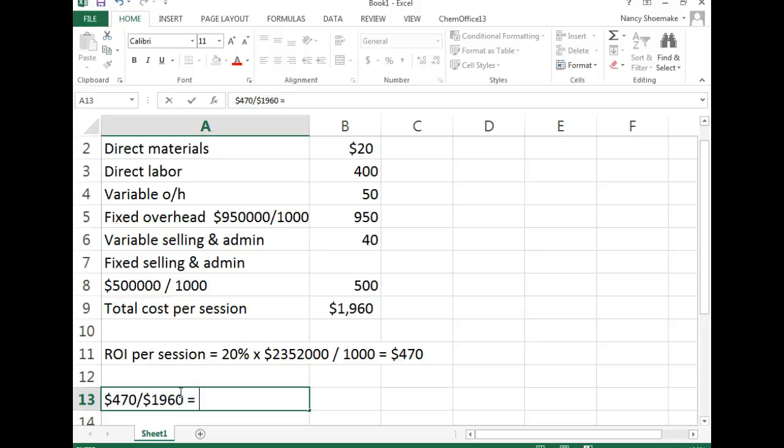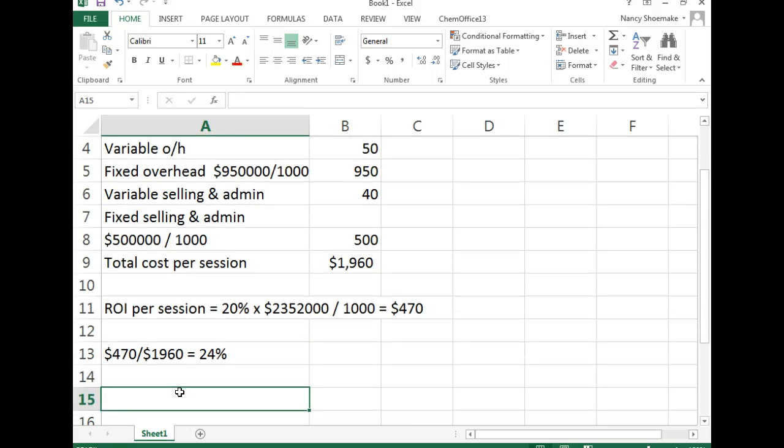How much is that going to be, markup percent? What do you guys think? 24%. So what is going to be our target price per session?